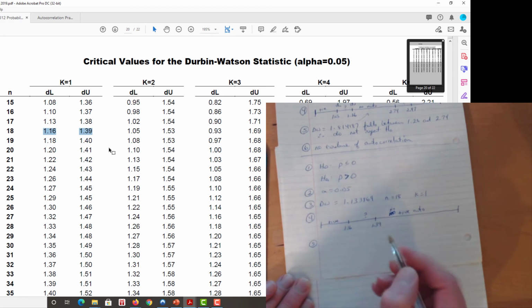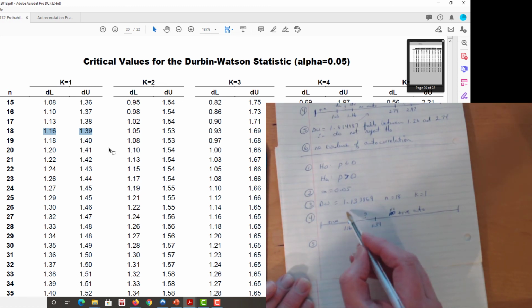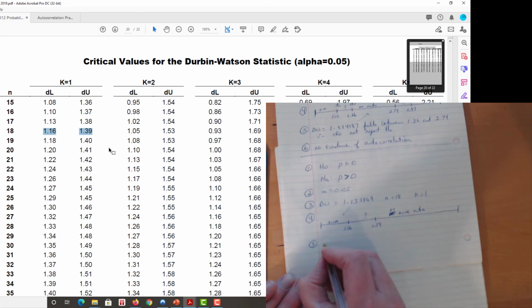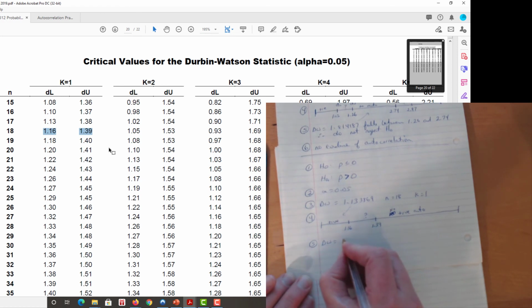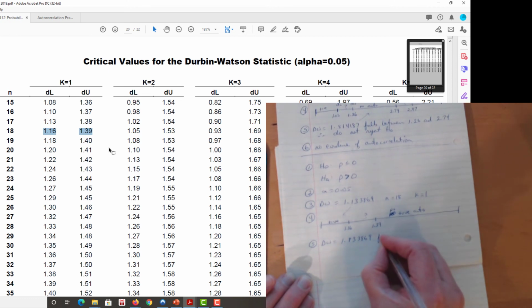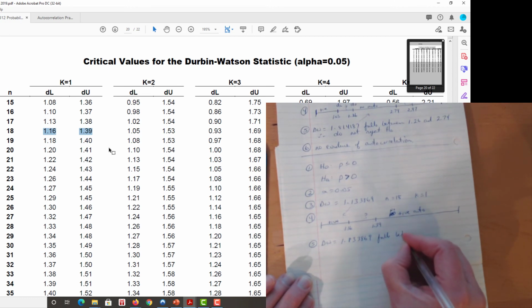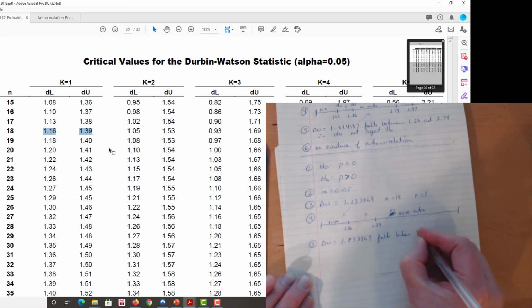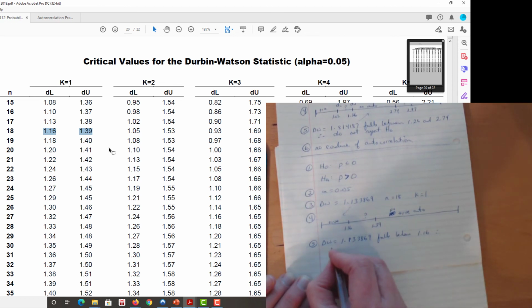Step 5, where do we fall? We fall below the 1.16. So our Durbin-Watson test statistic of 1.133869 falls below a Durbin-Watson lower of 1.16. Therefore, we reject H0.